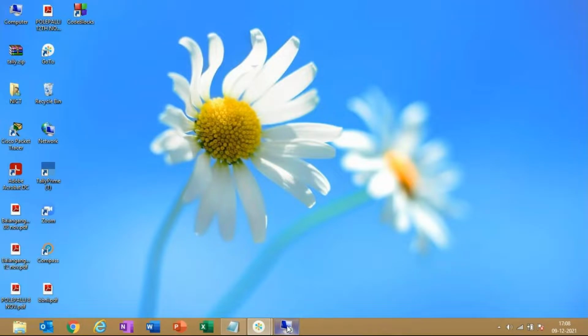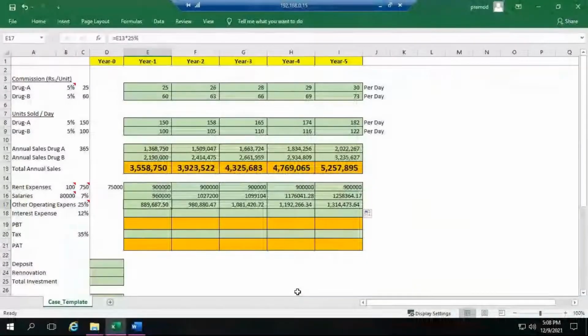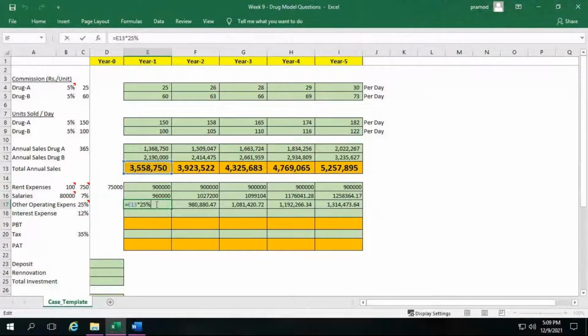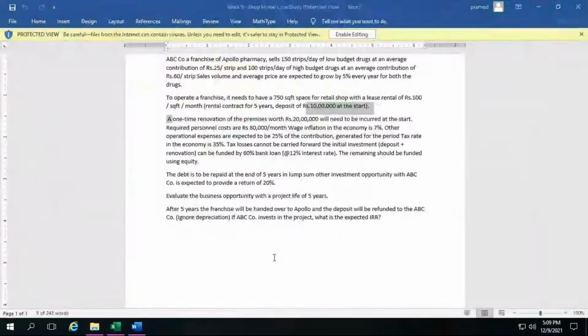Sir, always we should take annual sales into 25% for the operating expenses. Yes, they have told the same. In the question, they have told that other operational expenses are expected to be 25% of the contribution.